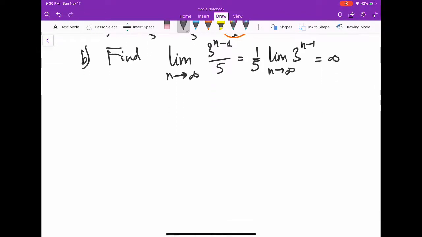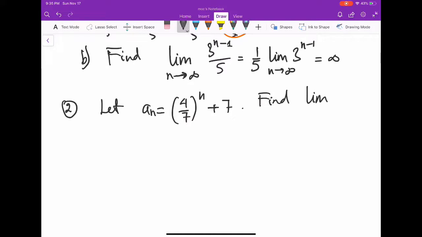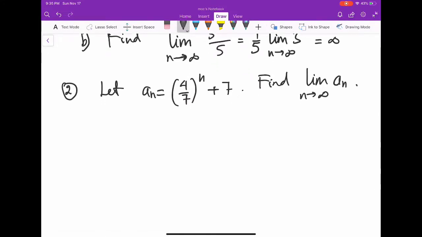All right, the second example on sequences. Let's consider a_n equal to 4 over 7^n plus 7. Let's find the limit of this sequence when n approaches infinity. So we have the limit of 4 over 7^n plus 7 when n approaches infinity.